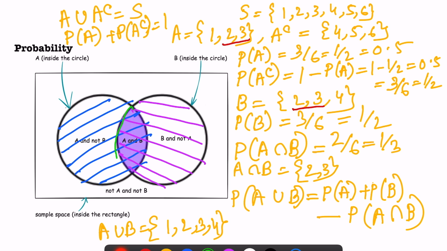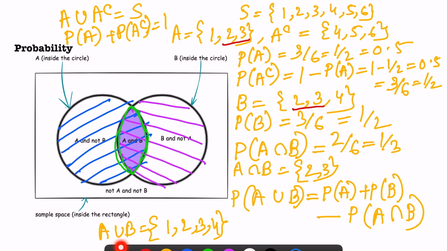So this is one part, A intersection B, whose probability we are calculating twice. So we have to subtract that from the probability here.